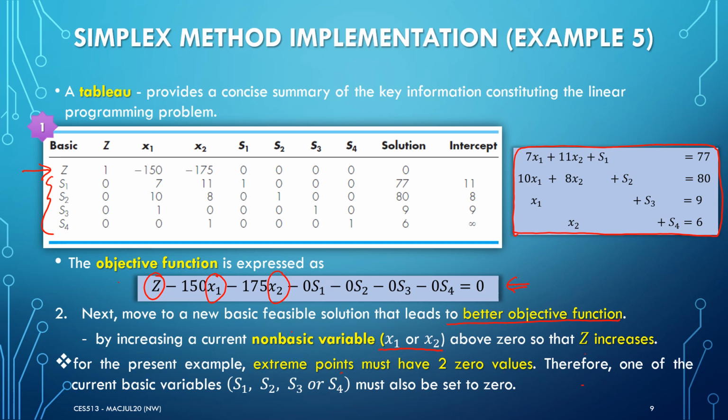Recall that for the present example, extreme points must have 2 zero values. Therefore, one of the current basic variables, which is S1, S2, S3 or S4, must also be set to 0. So you need to know how to differentiate the non-basic variables and the basic variables.